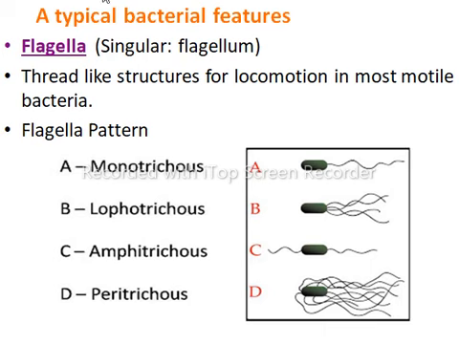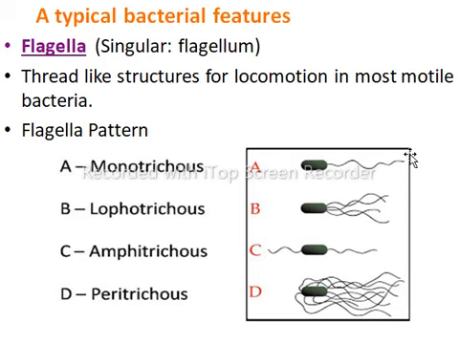Some bacteria have what are known as flagella, which are thin rigid filaments, and these allow for bacterial motility, self-propulsion and movement. They are made up of proteins, and these proteins can move and propel bacterial cells forward.